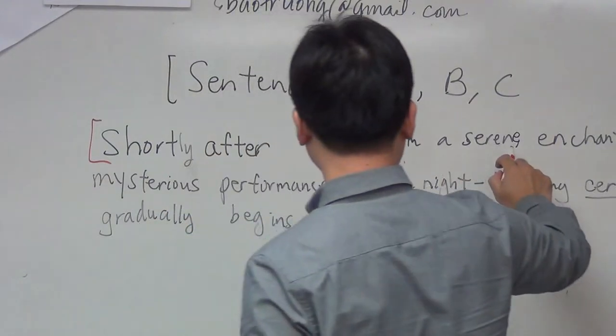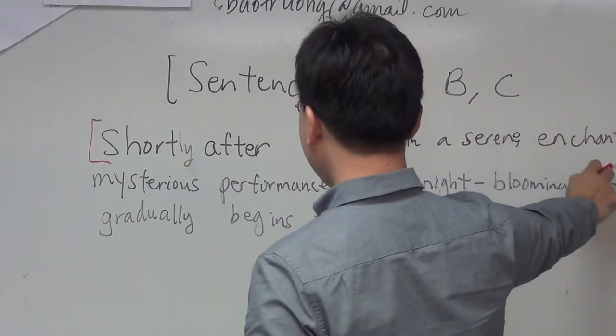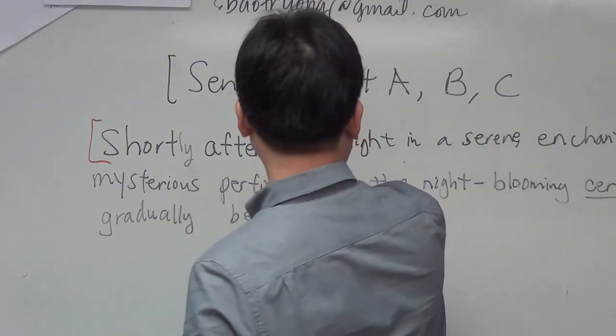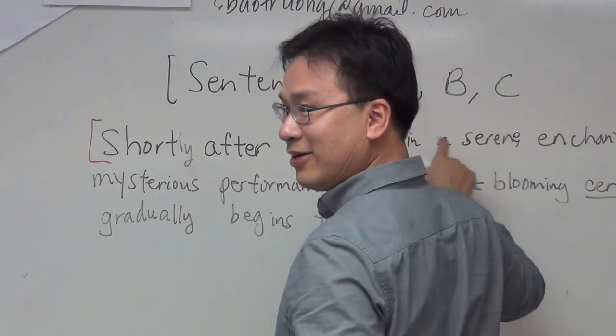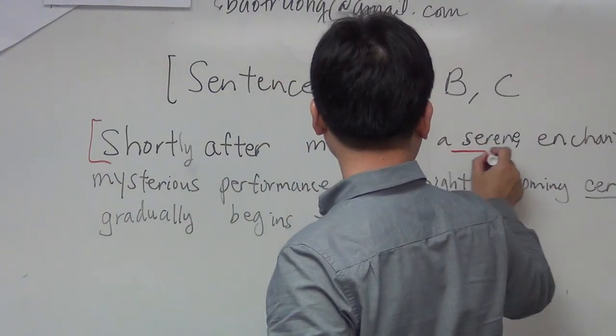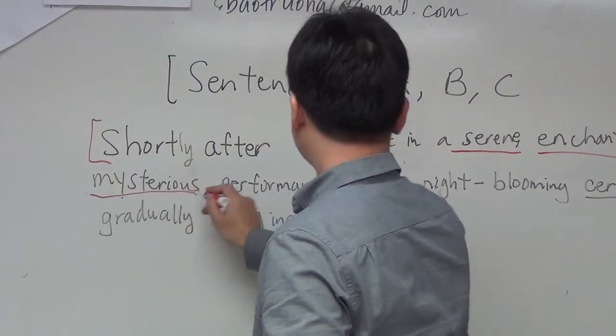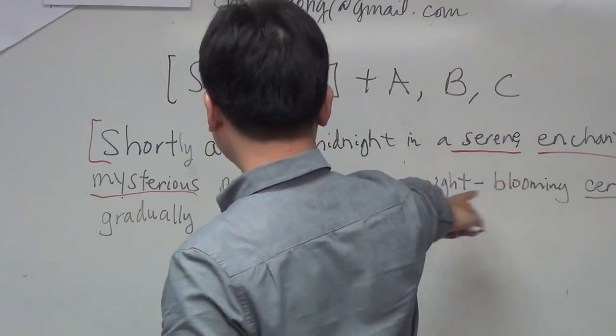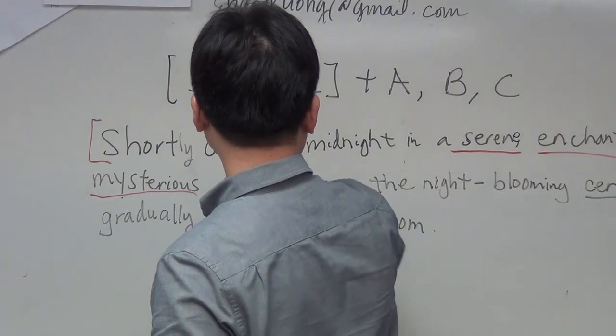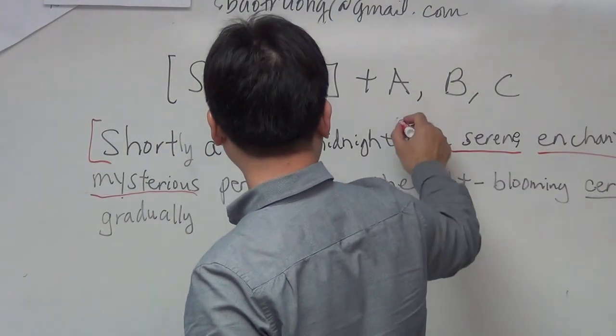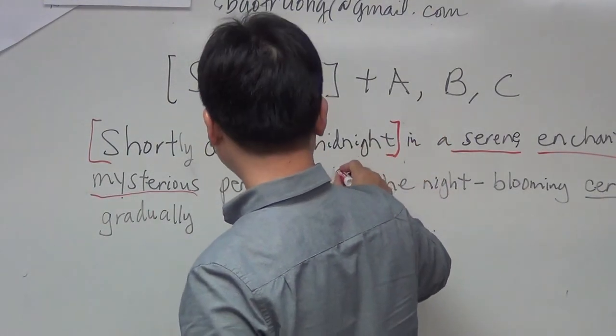In a quiet, serene, enchanting, mysterious performance. A, B, C, right? Three adjectives, okay? Mysterious performance. So now, before it was over here, right, Rachel? Now it becomes here, right?